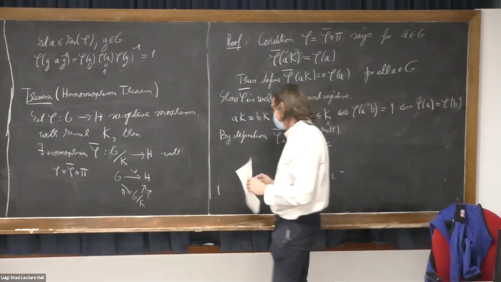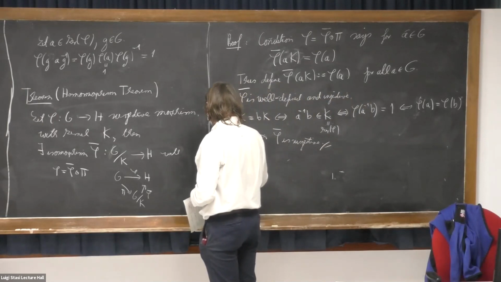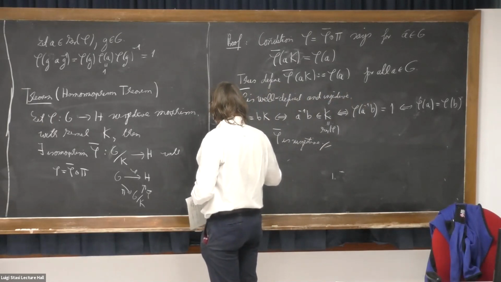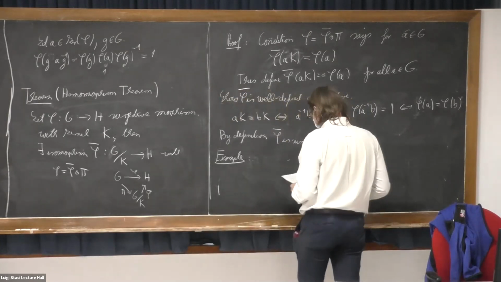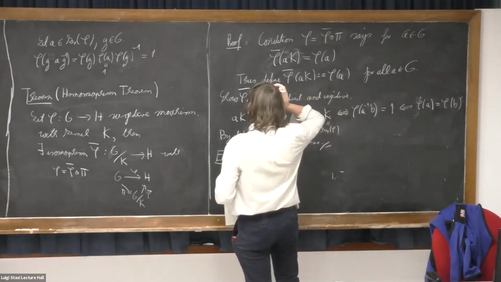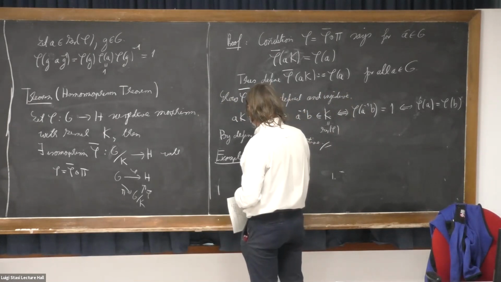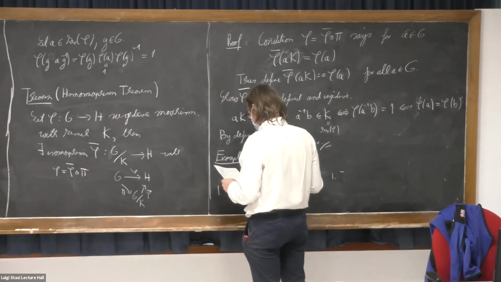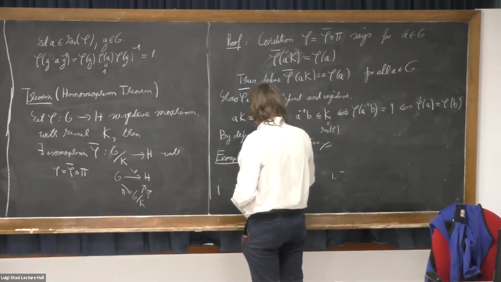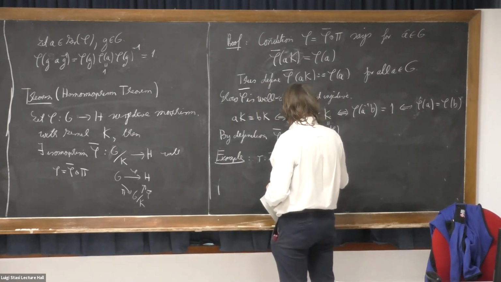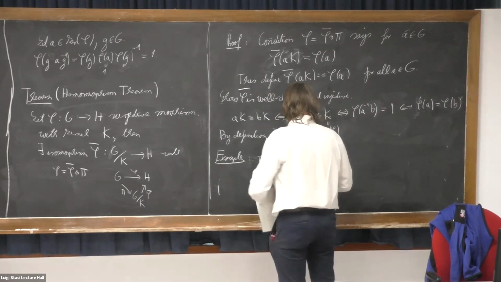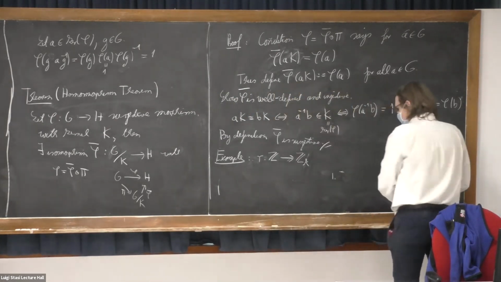Right. So if I take of course a simple example, since we haven't yet so many examples, if k is an integer, then we look at the map R from Z to Z_k.